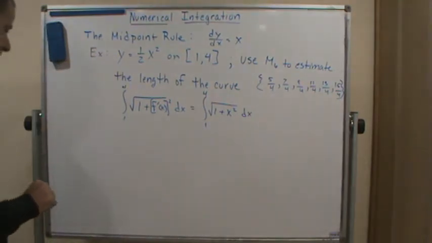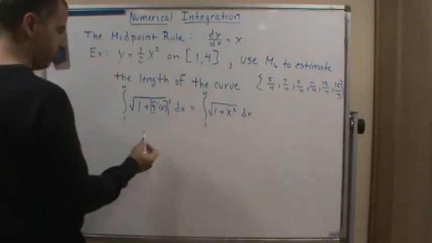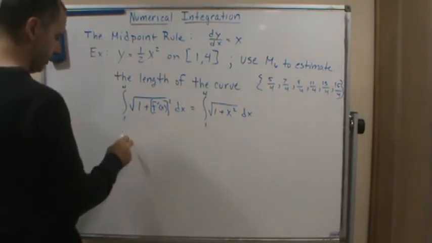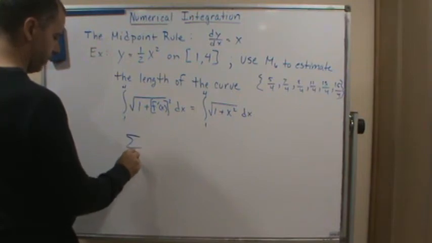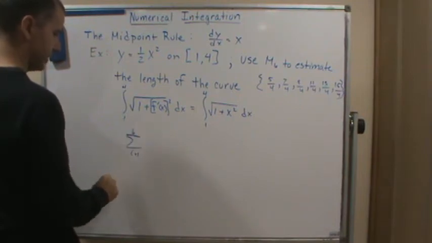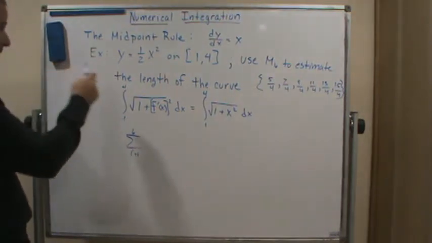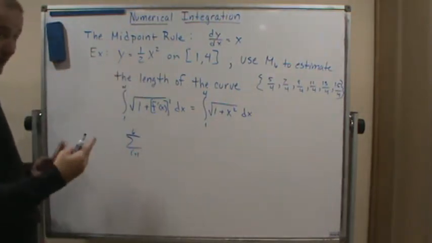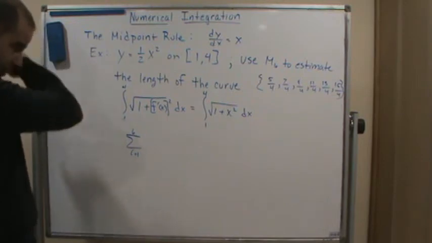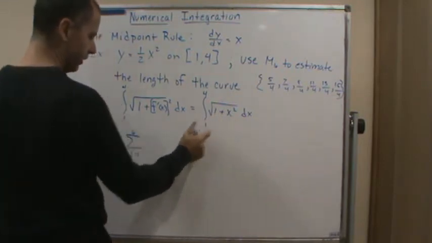So we're going to estimate this arc length by using the Riemann sum. So we're going to use the sum from i equals 1 to 6. But instead of using this function like we did before to estimate the area under the curve, we're going to use the arc length formula.